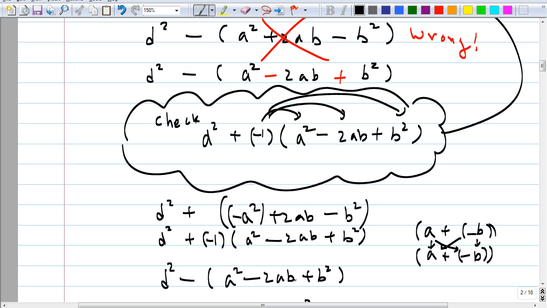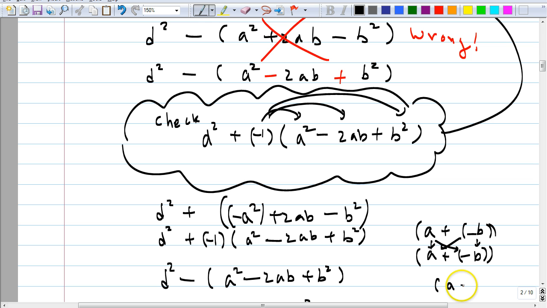Right? So what does that trinomial become when you factor it? We want to factor this trinomial, a squared minus 2ab plus b squared. What do you get when you factor this trinomial?